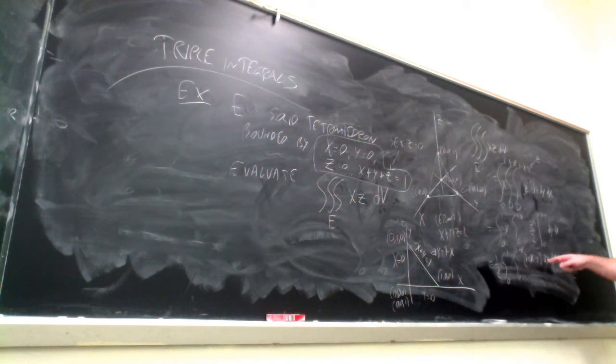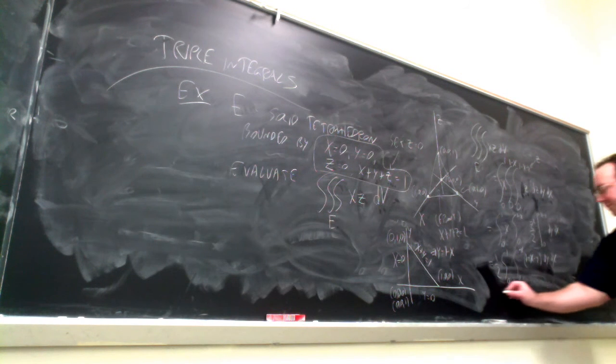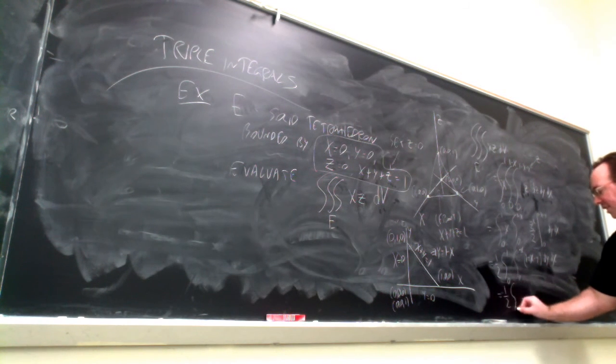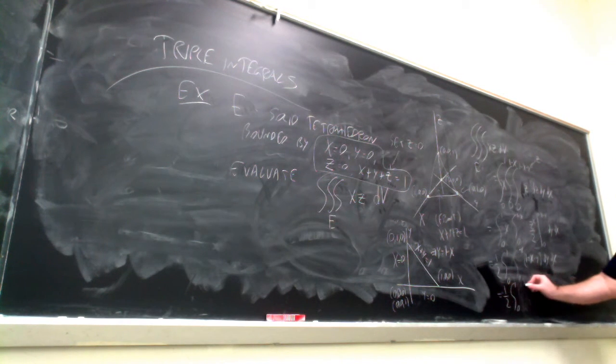So we're integrating with respect to y. When you anti-differentiate this, you're going to get 1 minus x minus y cubed over 3, with limits 0 and 1 minus x.